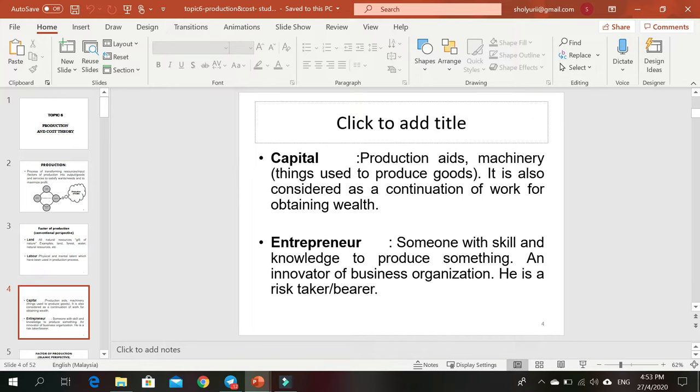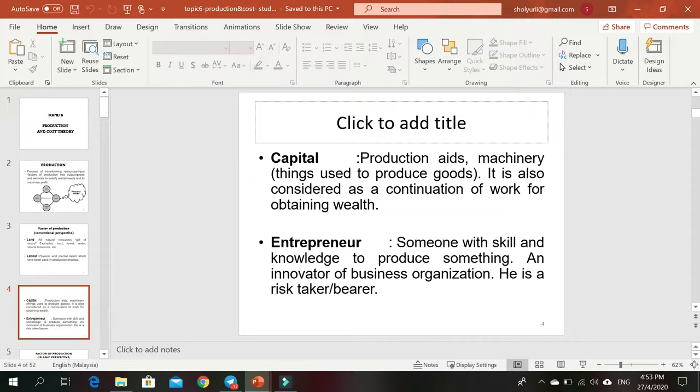It is also considered as continuation of work for obtaining wealth. So as a businessman, this is the asset of our business, including our factory, kalau kedai kecil, our shop, atau our stall, kalau you buat gerai, so on. So that is your asset, ya kan?